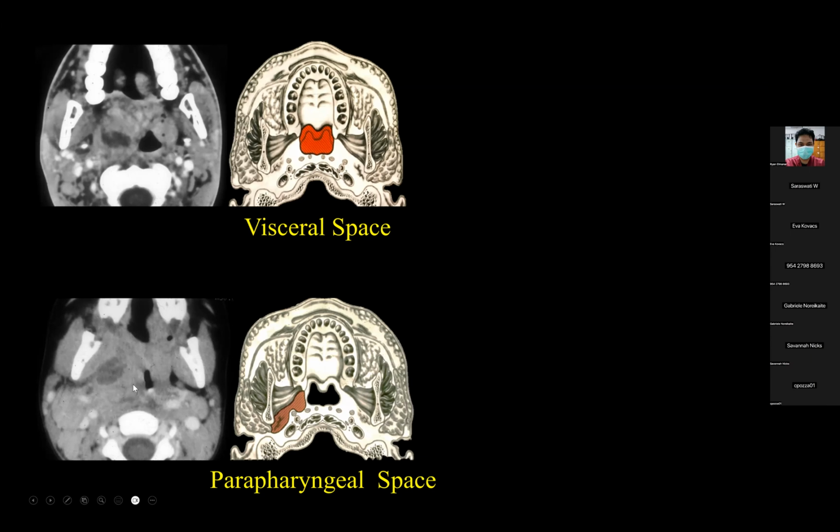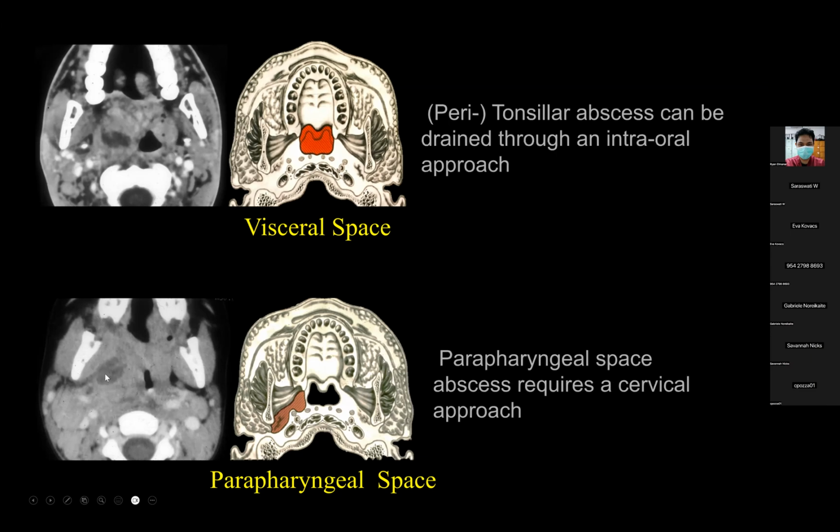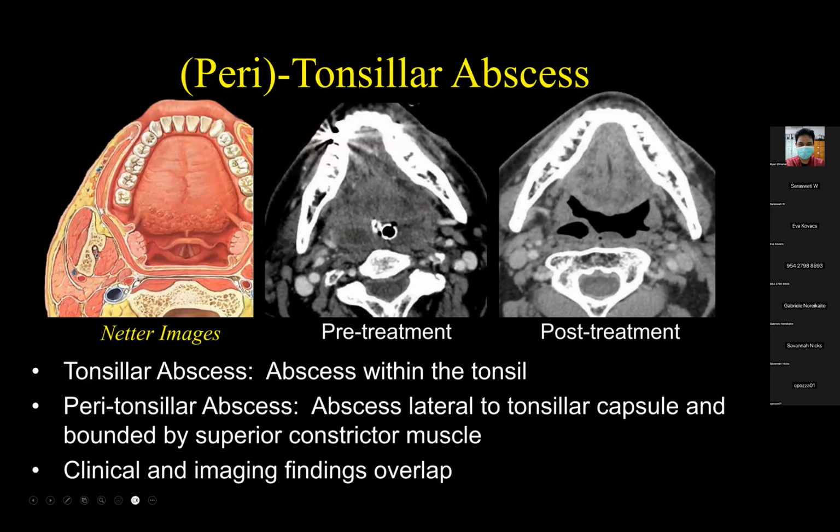The surgeons ended up doing multiple passes and couldn't get anything. Then they came and showed us the next day, and yes, indeed, this was in the parapharyngeal space. This patient was taken to the OR for a cervical approach. So even though it's just maybe 5 millimeters or so from here to here, it does make a difference on the approach because these tonsillar/peritonsillar abscesses are drained through an intraoral approach, whereas these are drained through that cervical approach.